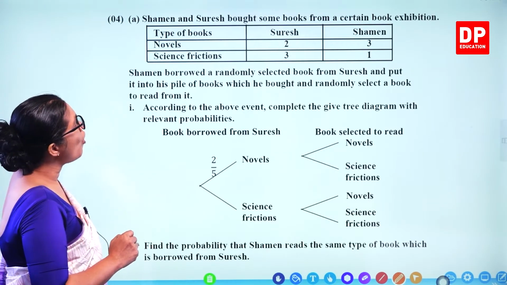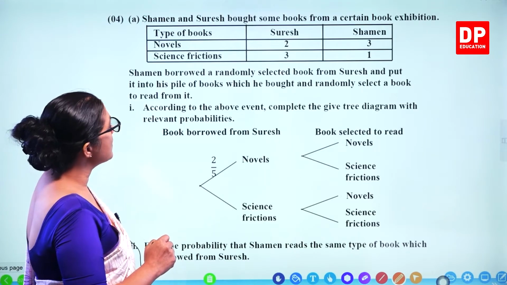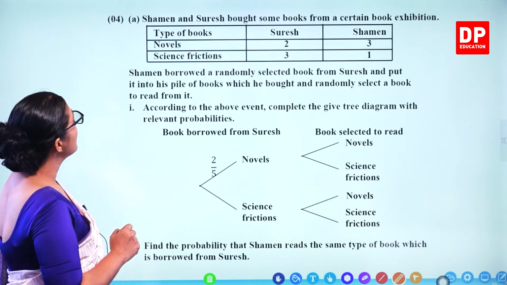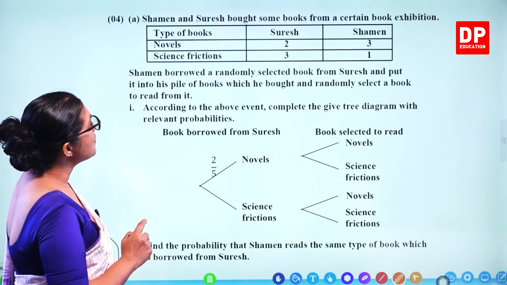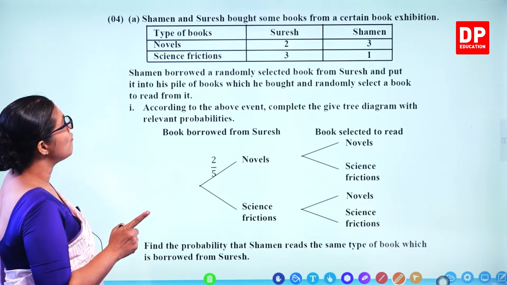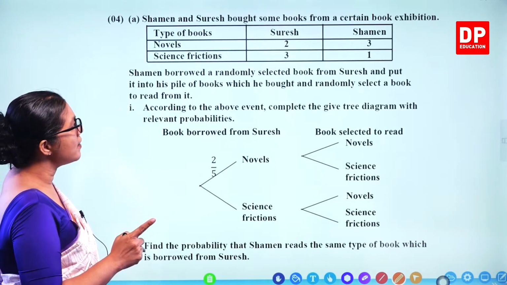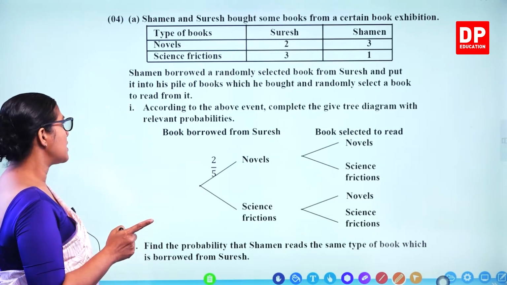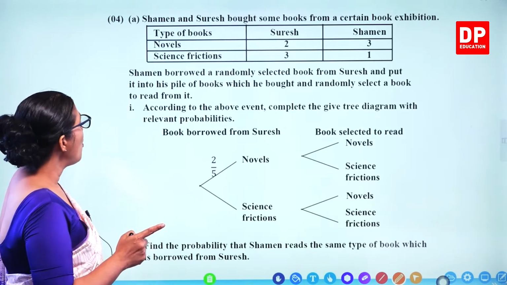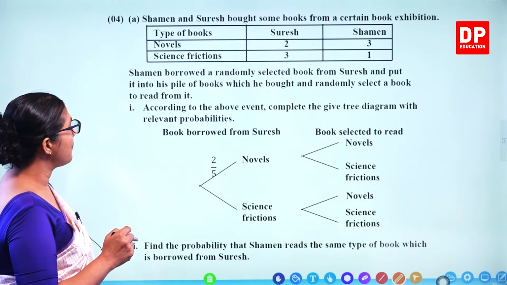Shamin and Suresh bought some books from a certain book exhibition, novels and science fictions. Shamin borrowed a randomly selected book from Suresh and put it into his pile of books which he bought and randomly selects a book to read from it. According to the above event, complete the tree diagram with relevant probabilities.